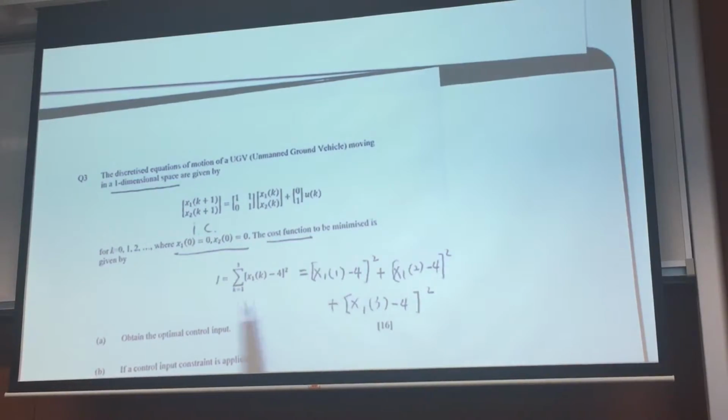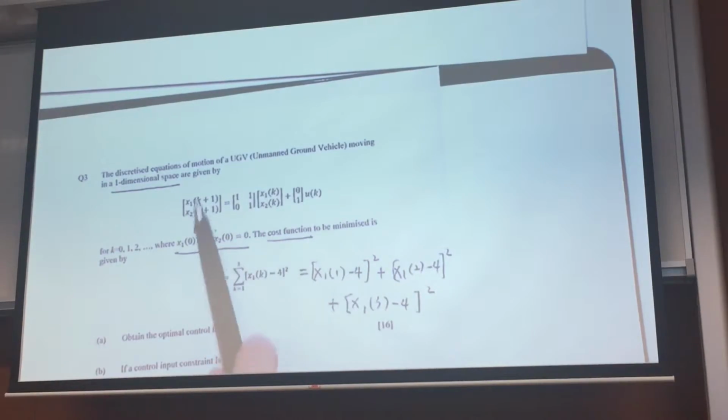If you write the cost function in this format, it's easier to understand. Now we know the cost function depends on x1,1, x1,2, and x1,3.